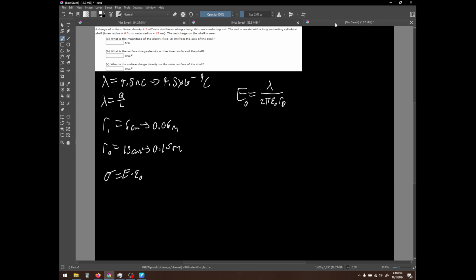Is it 1 point? Let's see. For the inner, 1.19 e to the negative 8. Oh boy, what's wrong with it? Negative.